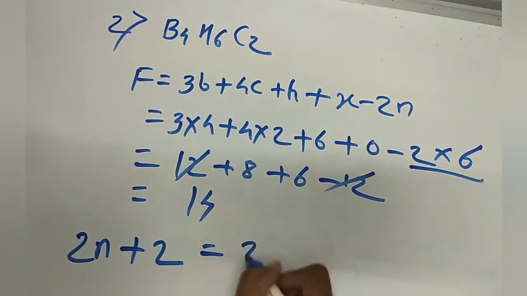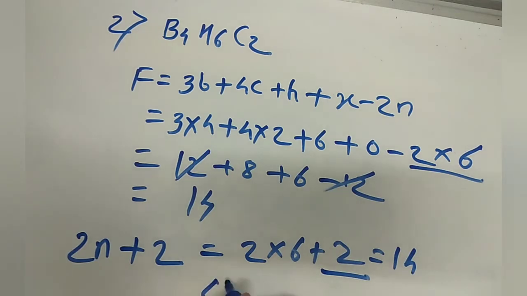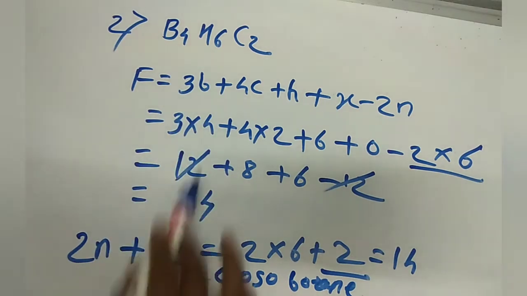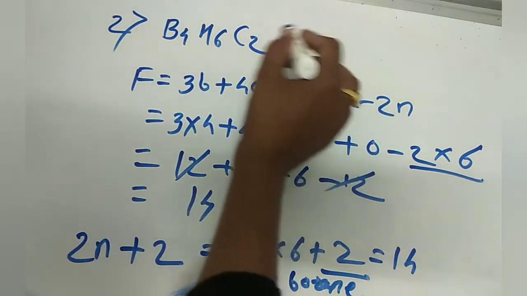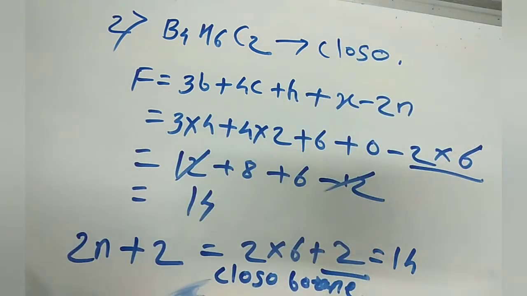Now 2 into 6 plus 2 is equal to 14. We are adding 2, therefore it is closoborane. So student, this is the second problem, B4H6C2. It is closo.